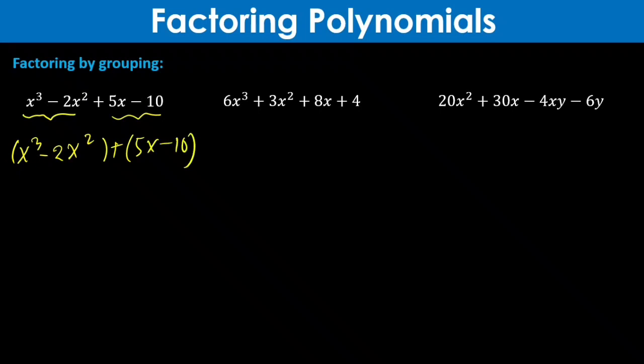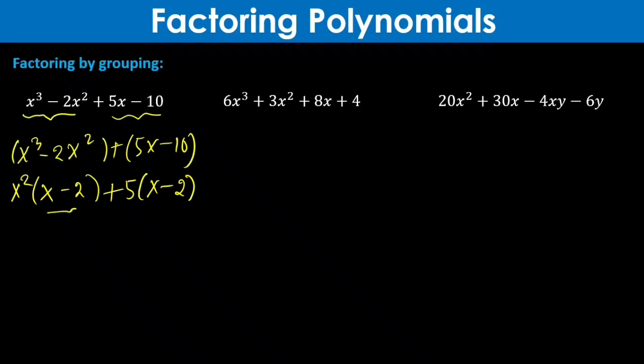Now we factor out the common of this group, which is x squared. It will be left with x and minus 2. If you return it back, that's x cubed and minus 2x squared. The common here is 5. We'll be left with x here and minus 2. If you return it back, that's 5x and minus 10.